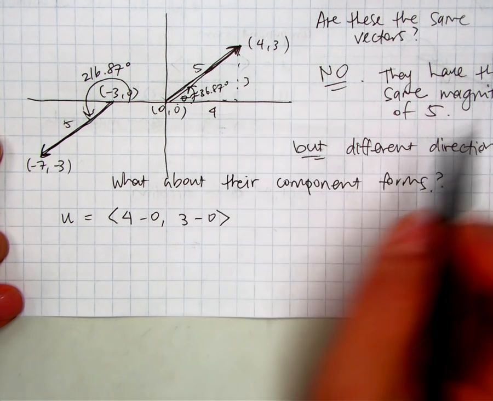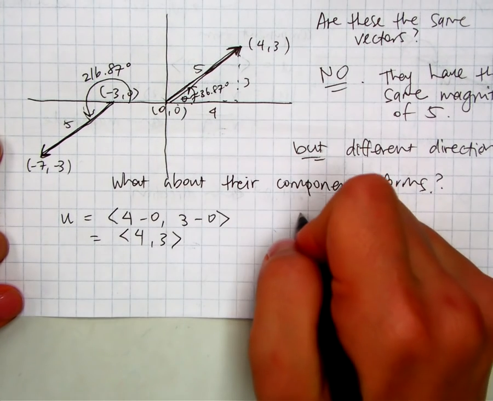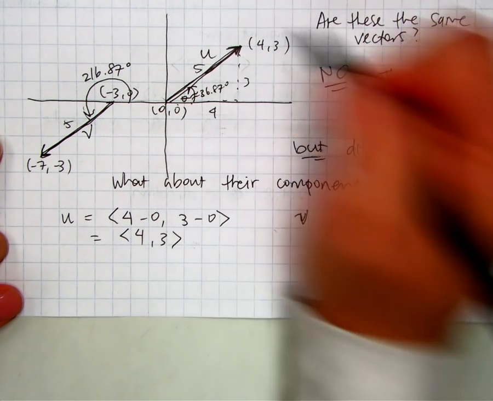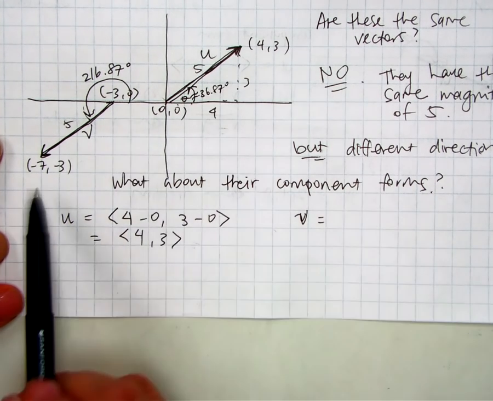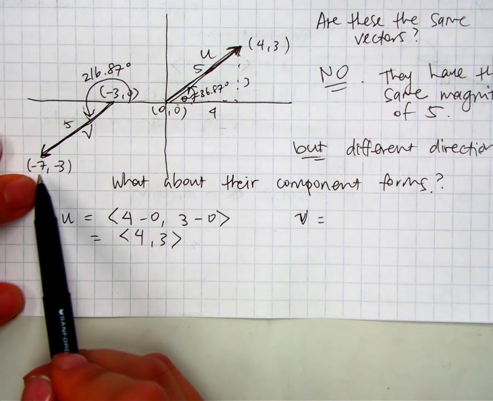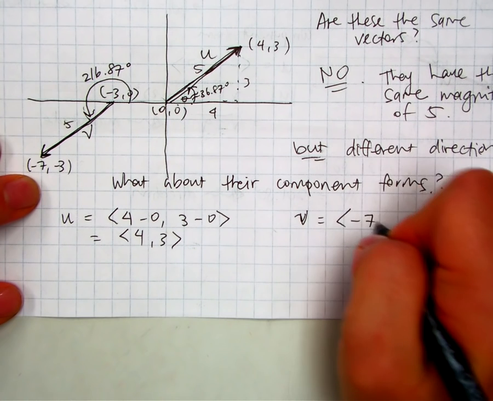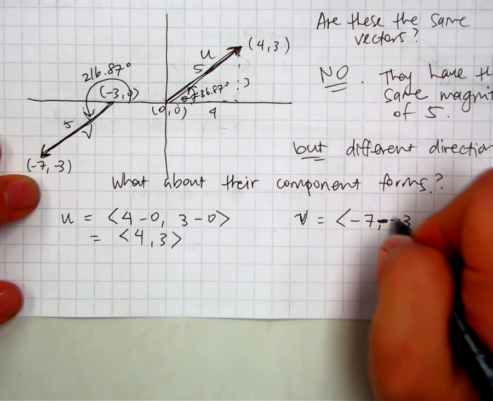Endpoint minus the beginning. It is still 4, 3. For v in this case, this was v, this was u. For v in this case, it's going to be the endpoint minus the beginning point. -7 minus -3.